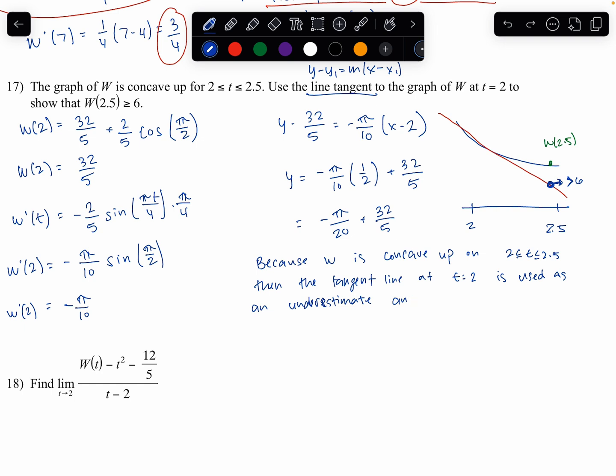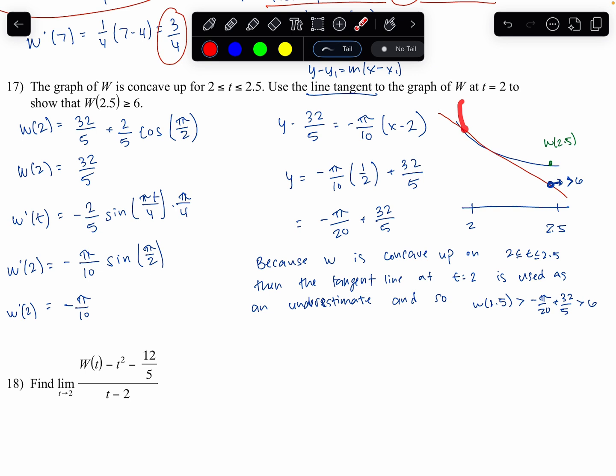And so W of 2.5 has to be greater than negative pi over 20 plus 32 over 5, which is greater than 6. Let me read it over again.